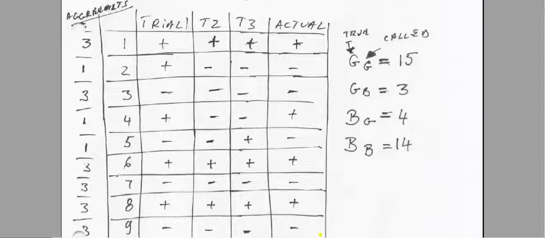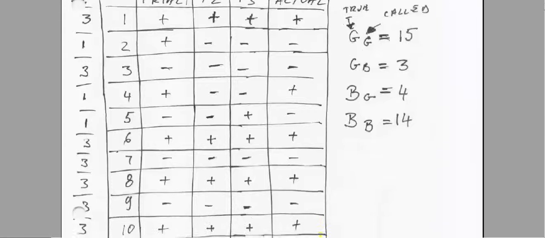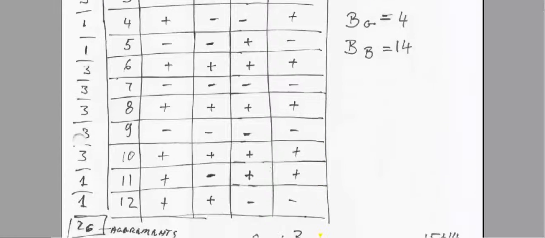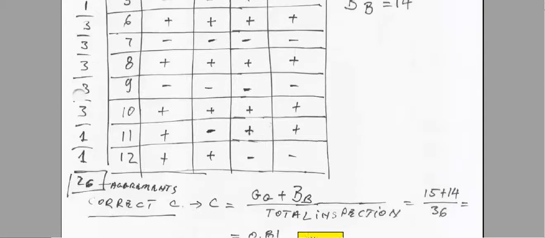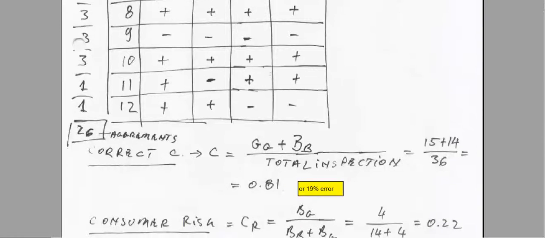We also have 3 agreements on part number 3. So I think you get an understanding of how the number of total agreements will work. Again, if we add up the total number of agreements in this particular example, you'll find that we have a total of 26 agreements.